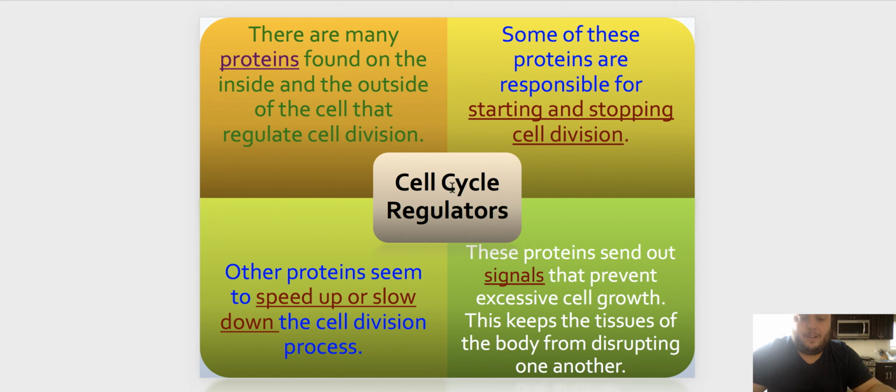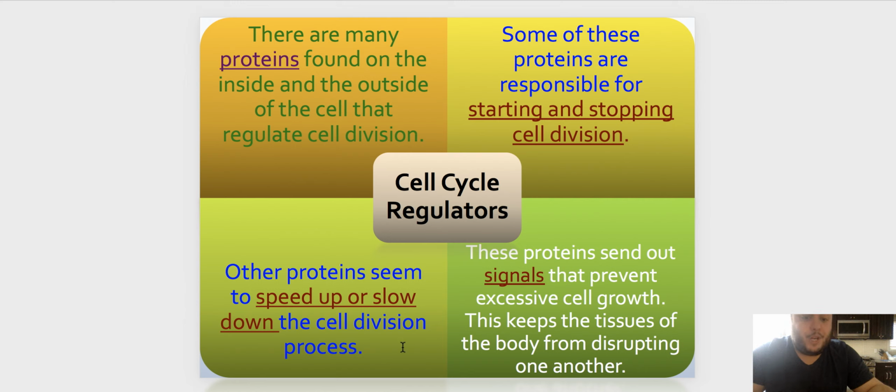Cell cycle regulators. What you need to really remember about this is that proteins regulate the cell cycle. There are many, many proteins found on the inside and outside of cells that regulate the division. Some of the proteins are responsible for starting cell division. Some are responsible for stopping it. Some proteins speed up or slow down. We should know what those proteins are, right?